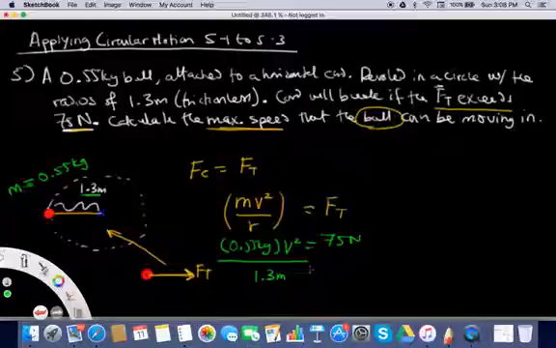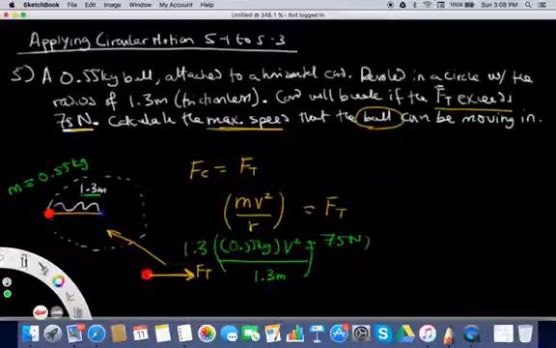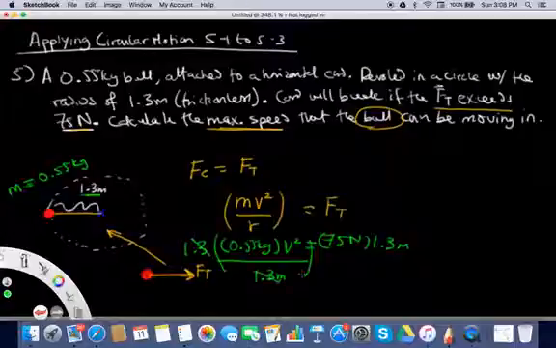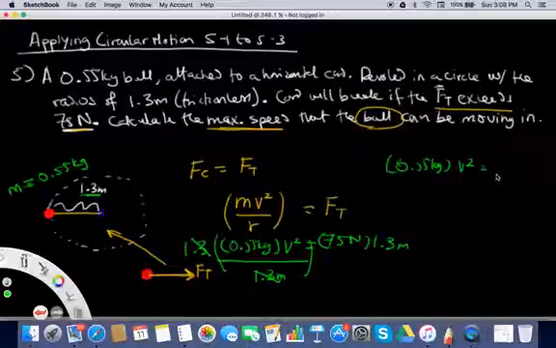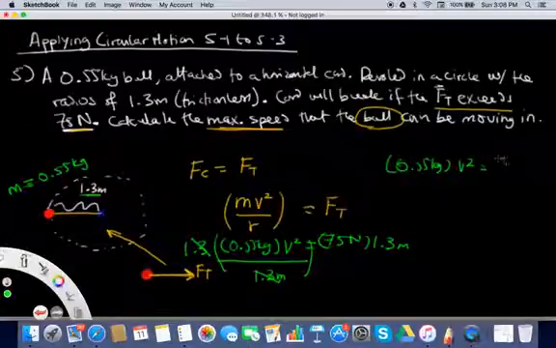Now it just comes to simplifying this and getting v squared by itself. So multiply both sides by 1.3 meters. You have 0.55 kilograms times v squared equals 75 newtons times 1.3 meters, and that's 97.5.